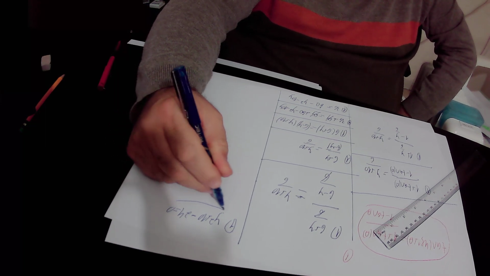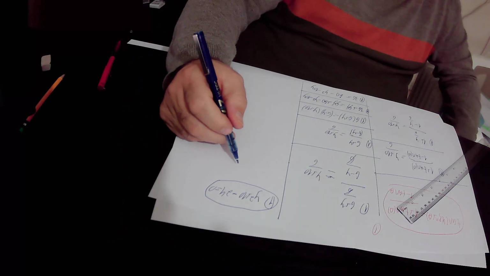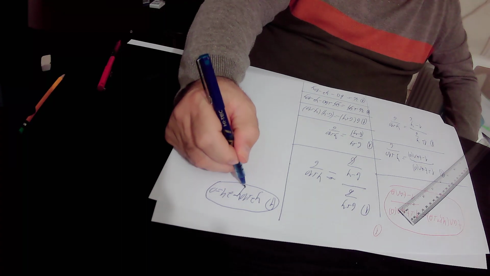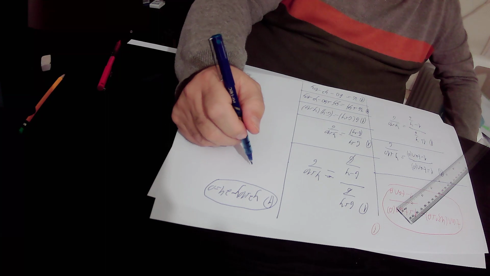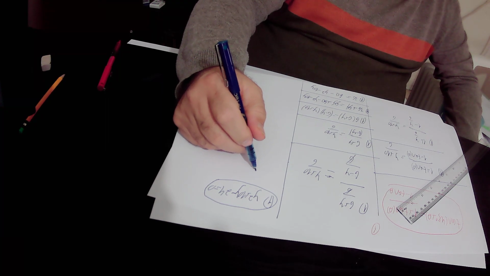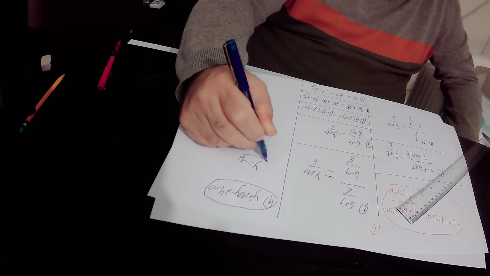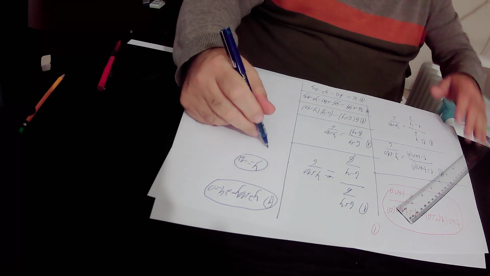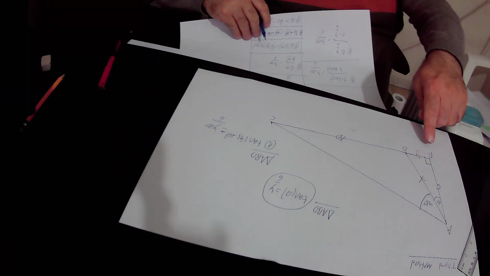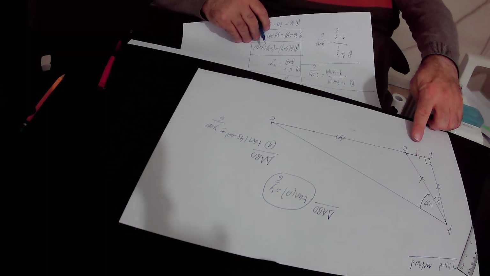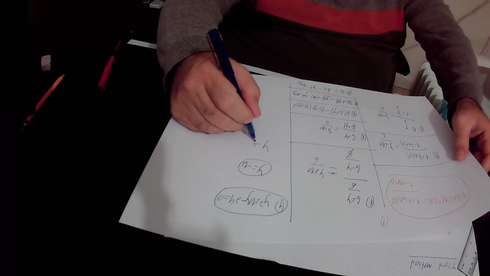So we have the same quadratic equation as we had in the second method, and the solution to this quadratic equation, y squared plus 10y minus 24 equals 0, has two solutions. The first solution is y equals minus 12, but because y is the length of side BD of triangle ABD, it must be a positive number.